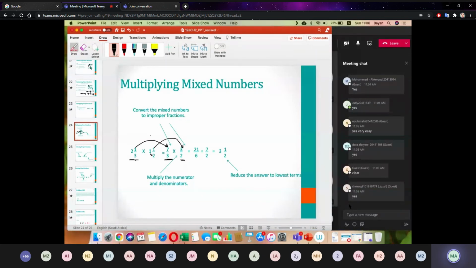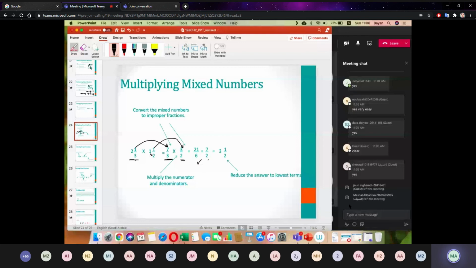So we convert from mixed number to improper fraction. 2 with 1 over 3 becomes 7 over 3. 1 with 1 over 2 becomes 3 over 2. Then we multiply 7 times 3, 21, 3 times 2, 6. So it becomes 21 over 6, reduce it, will be 7 over 2. Clear?